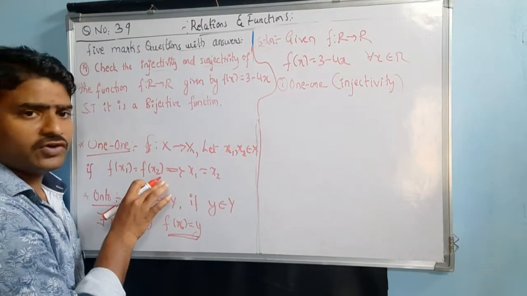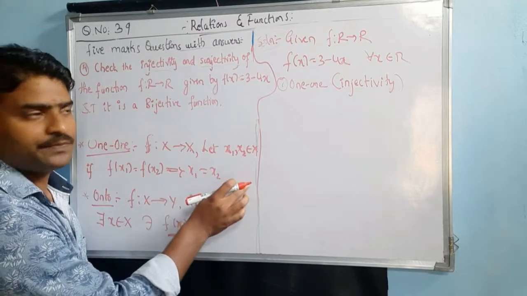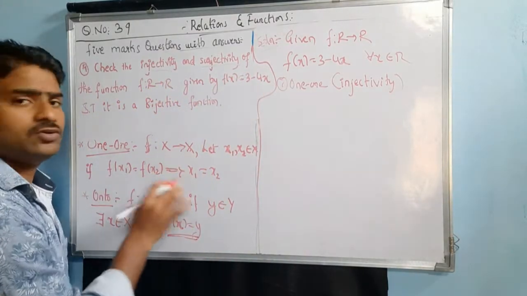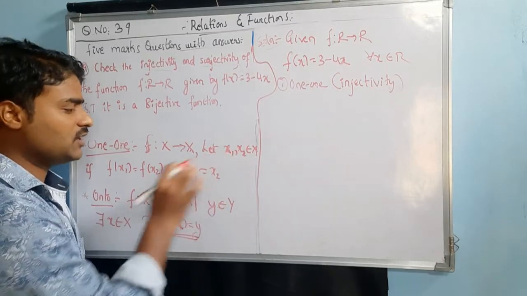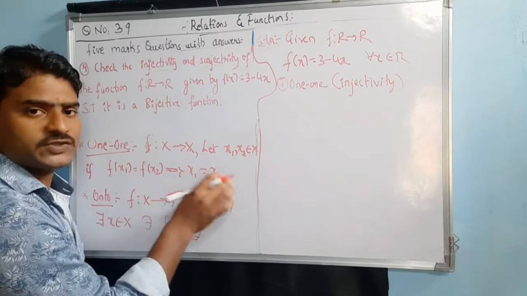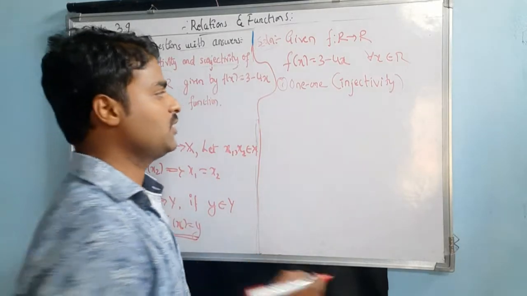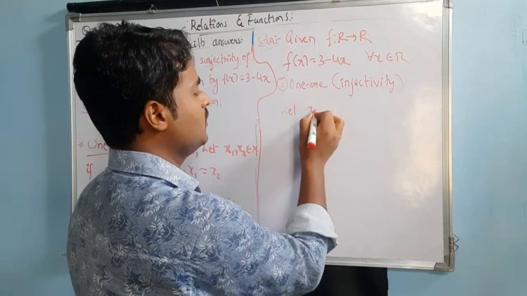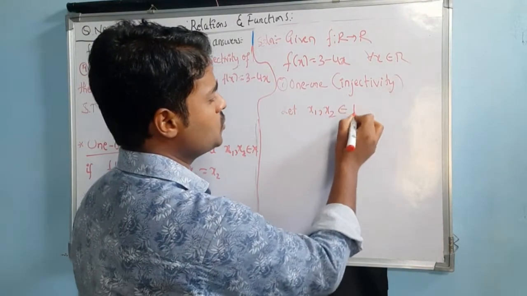If f of x1 equal to f of x2, then x1 equal to x2. So ಇಲ್ಲಿ prove that 1 1 and on 2 ಅಂತ ಹೇಳಿದಾಗ we have to do like this. x1 ಮತ್ತು x2 ತಗೊಂಡು f of x1 equal to f of x2 ಆಗಿತ್ತು ಅಂದ್ರೆ then obviously x1 equal to x2 ಆಗಿರುತ್ತೆ ಅಂತ ಹೇಳ್ಬೋದು.